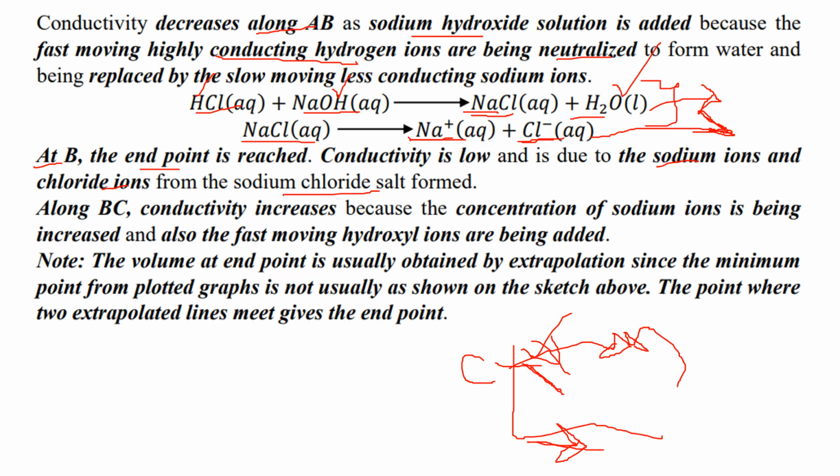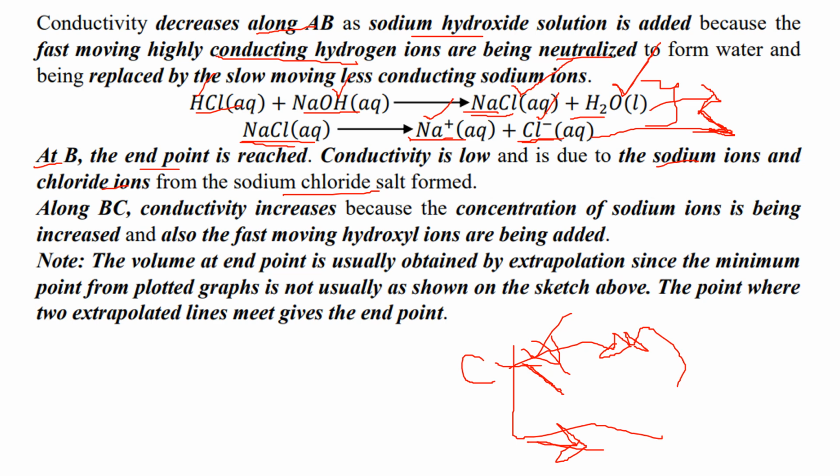So what you're going to have in such a solution, you're going to have your salt according to the equations above. So you're going to have your salt together with water as a molecule, but water is a non-conducting particle. But the salt that is being formed at the end point is a strong electrolyte, therefore it undergoes full ionization to form the respective ions, sodium ions and chloride ions. But these ions do not have a high mobility because they are heavy in solution.